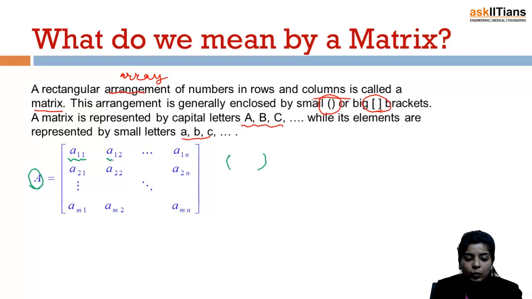See, a11, a12, a1n, a21, a22, a2n, and so on, am1, am2, amn. These subscripts denote the row and the column, and that will be discussed in the concept of order of a matrix. Here you just need to remember that the matrix is denoted by capital letters while its elements are denoted by small letters.